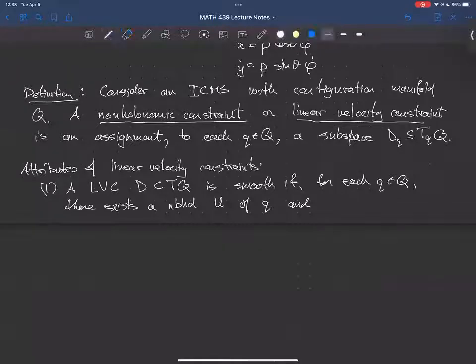C infinity vector fields. And let's say there's finitely many of them. In all the examples we're going to look at, there'll be finitely many of them. Okay, so these are vector fields on U such that this subspace D sub q is spanned by the tangent vectors corresponding to these vector fields.